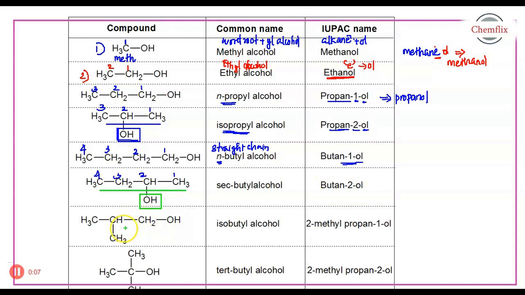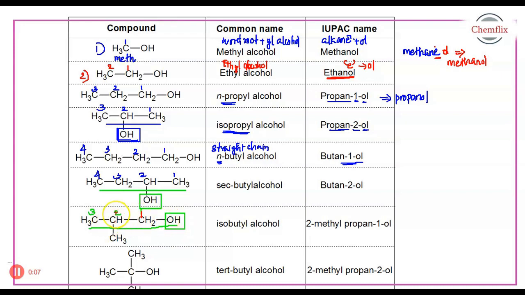And again, naming this, okay, first of all, you have to find the longest straight chain, and the longest straight chain here is this one. In this straight chain, first of all, you have to give the numbers 1, 2, 3. Which means this functional group, our OH, should be attached to the carbon containing the least number. Okay, getting the least number. So this one is number 1, this one is number 1, 2, 3. So propanol will be the name.